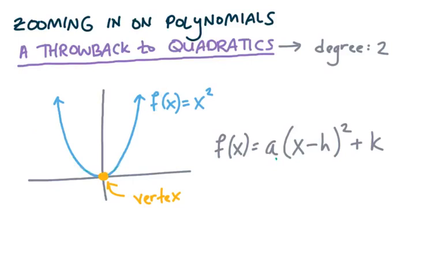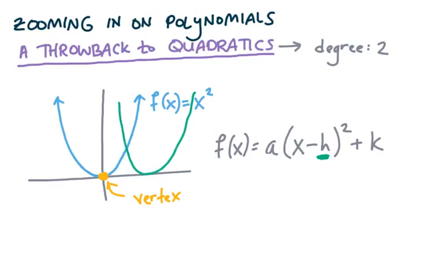What about h? What does this h value do? h causes what type of transformation? So h causes horizontal transformation. It means the graph literally would pick up and move left or right. It's a little bit counterintuitive because if you do something like +2 for the value of h, that actually shifts it left by 2. And then if you do a value like -3, that would actually shift it right by 3.